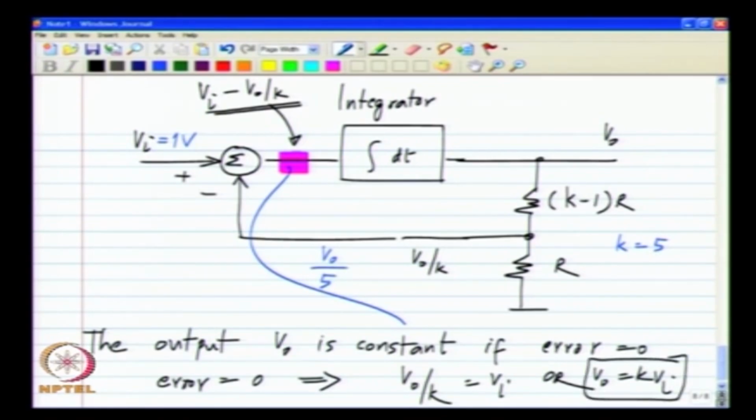Okay. So, this is an amplifier using negative feedback.